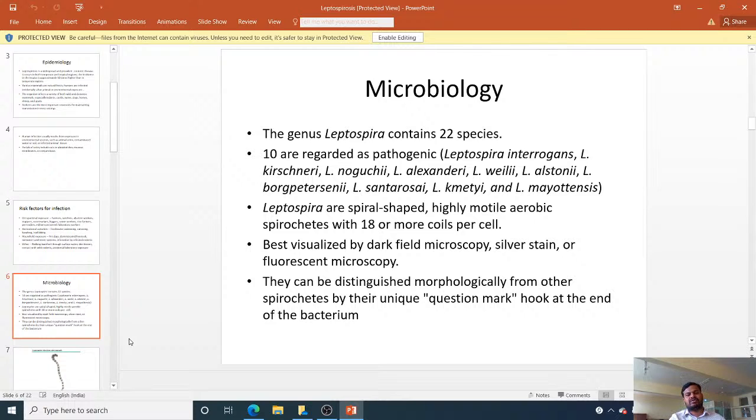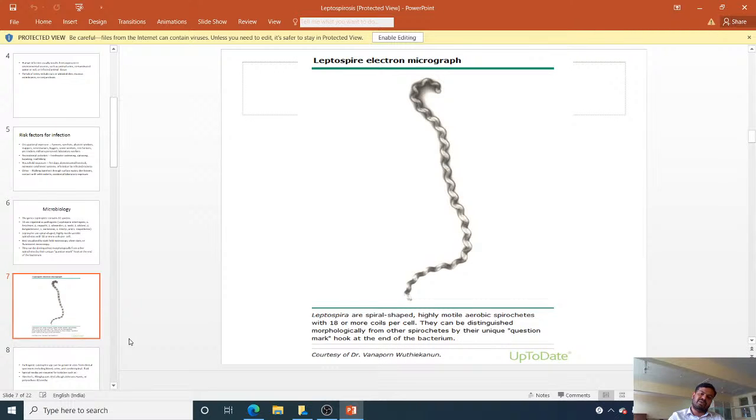It is visualized by dark field microscopy or fluorescent microscopy with a silver stain. Morphologically, there is a question mark hook of the bacterium. So this is how it looks: a question mark hook kind of thing.